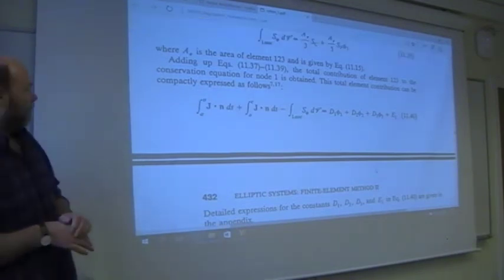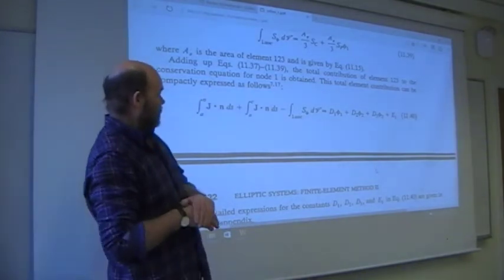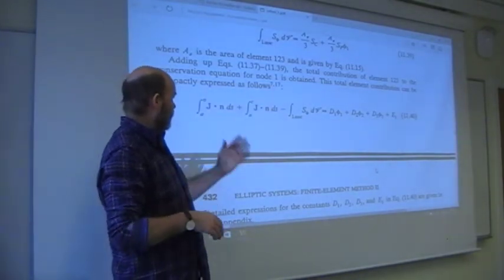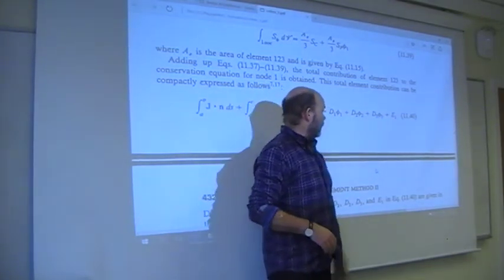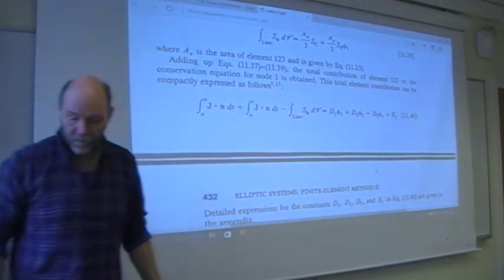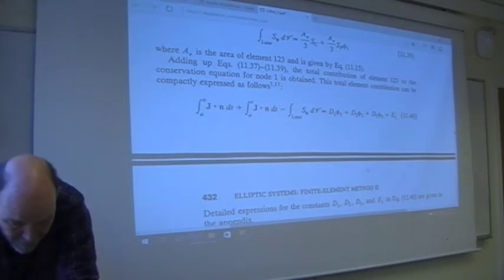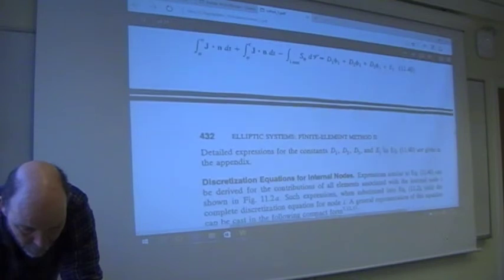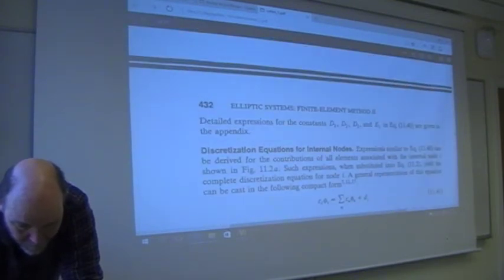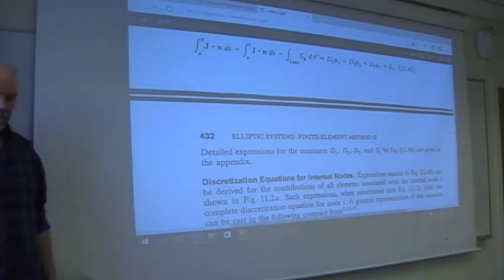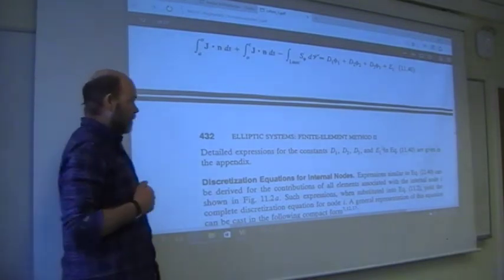Here you have them. So it's then possible to write these line integrals as some algebraic sum of all the neighbor contributions, and the coefficients d1, d2, d3, and e1 should then just be not dependent on the solution.